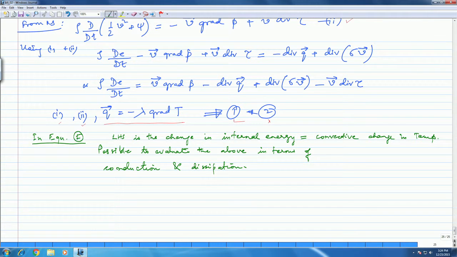So essentially the point is that we need to know the velocity field.